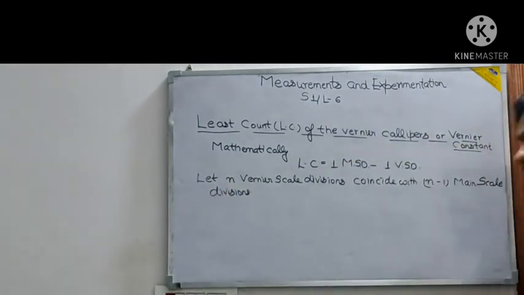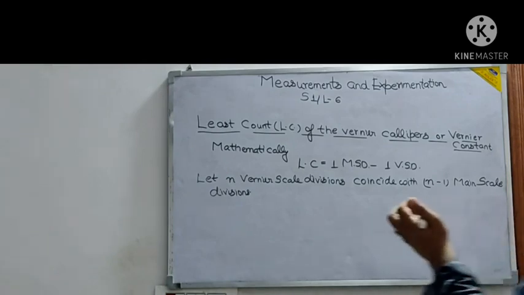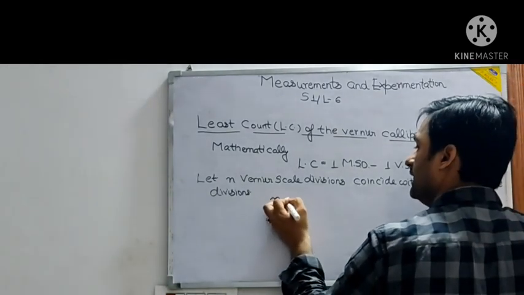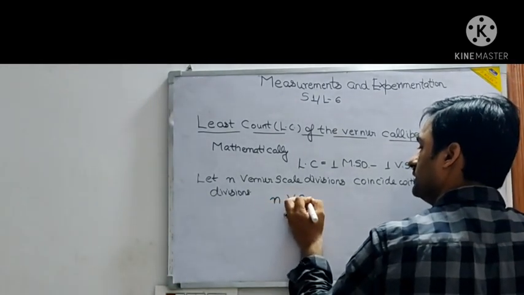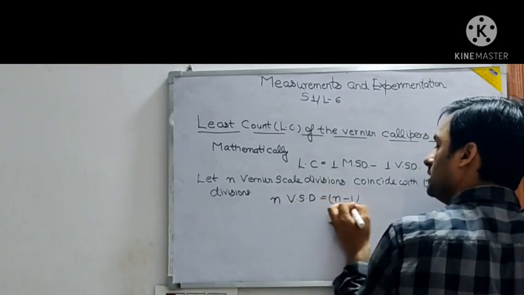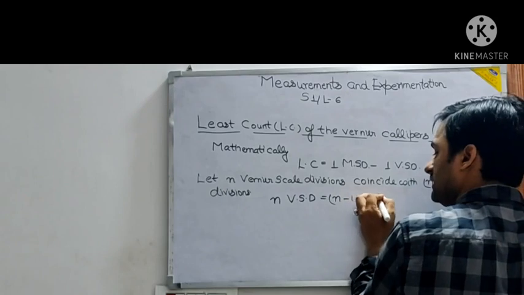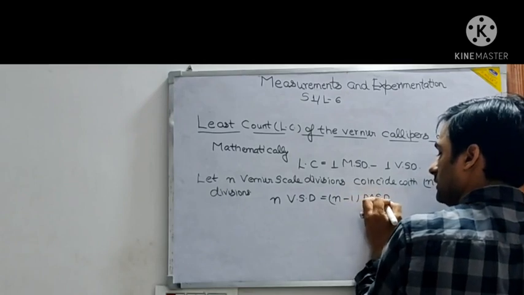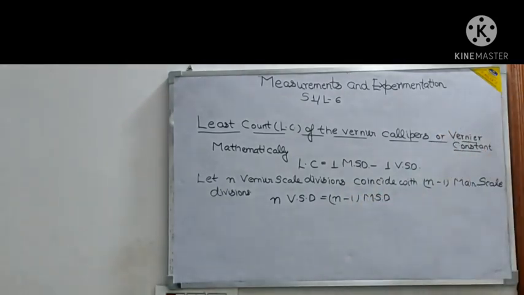If this happens, that means if n vernier scale divisions are coinciding with n minus 1 main scale divisions, then can we say that n VSD is equal to n minus 1 MSD? Yes or no?